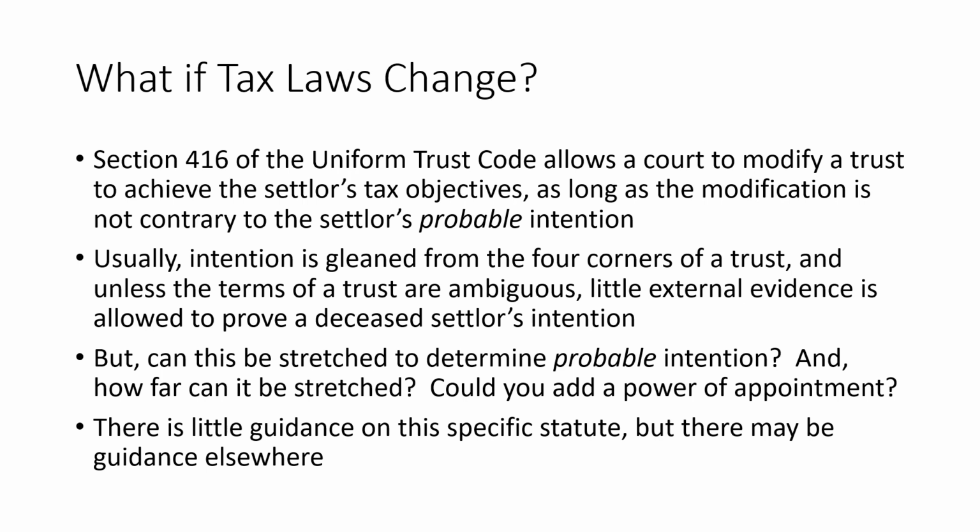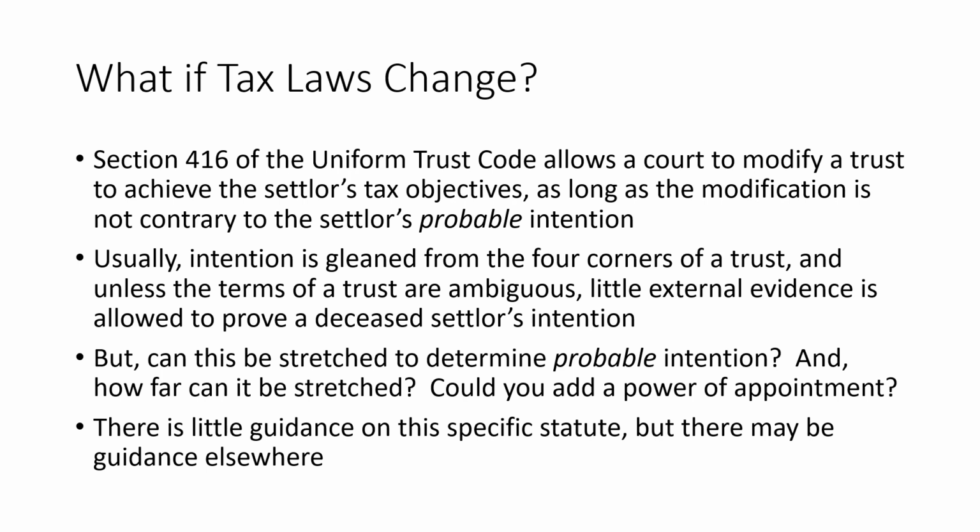Now, Section 416 of the Uniform Trust Code allows a court to modify a trust to achieve the settlor's tax objectives as long as the modification reflects what the settlor's probable intention was. Now, intention is usually gleaned from the four corners of a trust, both the express terms and the patterns and customs that are reflected in drafting.